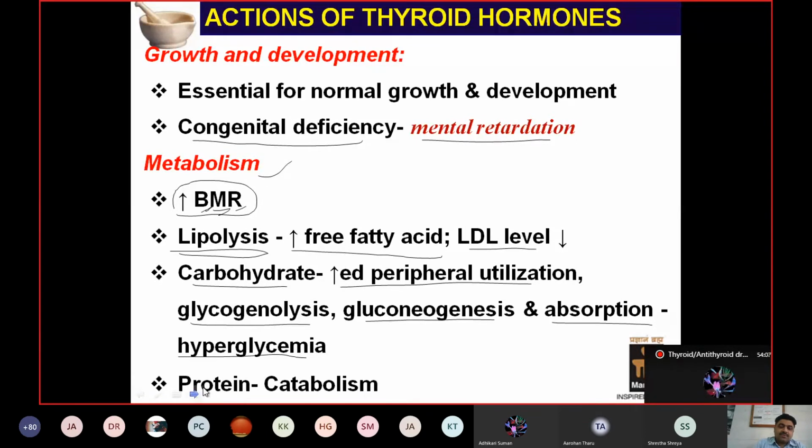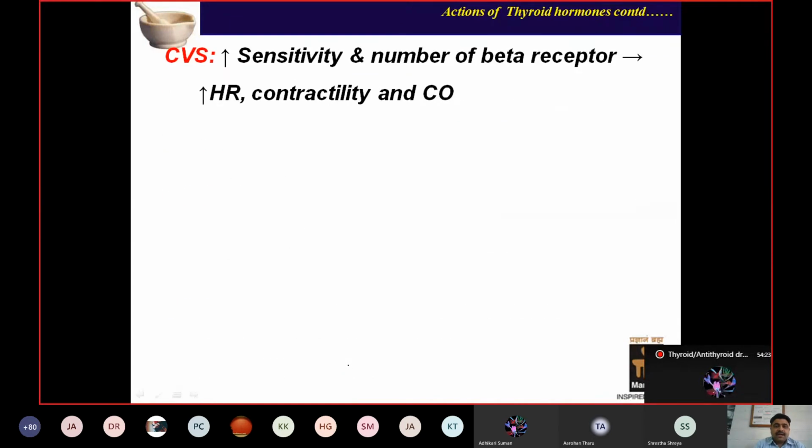And protein: we cannot generalize whether it is anabolic or catabolic, but in general it is more towards the catabolic side. The hormone also affects the cardiovascular system, especially the heart, directly and also indirectly. How indirectly?